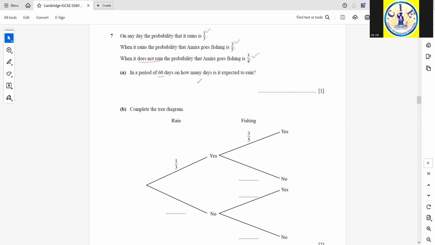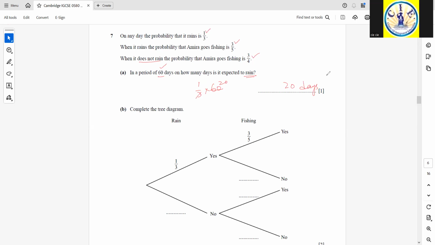Okay, for raining, we have got 1 by 3 times total number of days, that is 60. So 20 days.